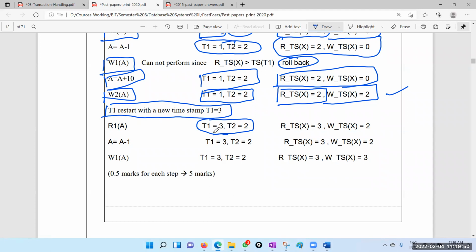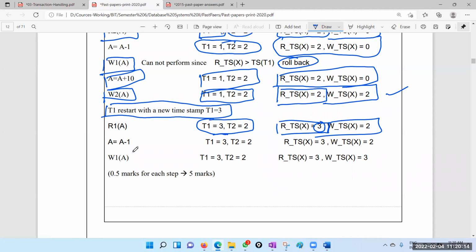Bigger means younger, right? Write timestamp is 2. You can read it. When you read, if you are the younger one, you have to update the read timestamp. Earlier, the read timestamp was 2, but now you are the younger one, so you have to update the read timestamp with your one. Write timestamp is not changed.